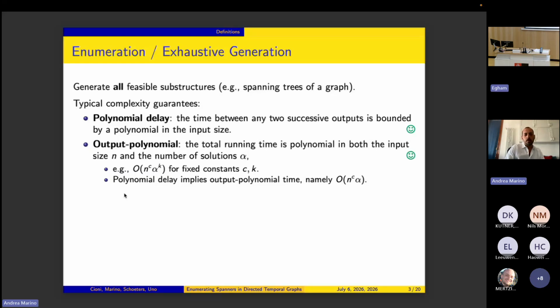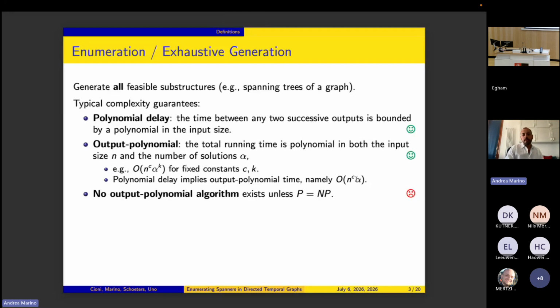So, for instance, the complexity of the whole algorithm is n to the c times alpha to the k, for some constants c and k. If you have polynomial delay, you automatically get output polynomial time, because if you pay a polynomial cost between two consecutive solutions, this will be the total cost that you get.